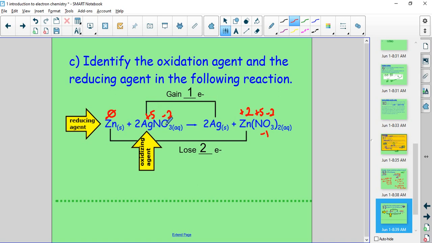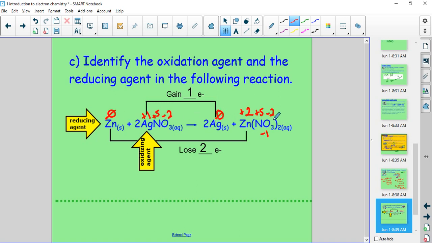Now that allows us, as a polyatomic, to determine that silver has a +1, and I'm trying to fix this so that it all fits in nicely, but nitrogen is +5. Okay, this is a -1, that means silver has to be a +1. Okay, so here silver exists in its natural state, solid silver, so it is 0.